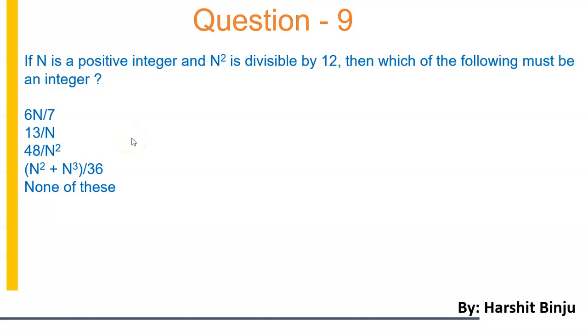n is a positive integer and n square is divisible by 12, then which of the following must be an integer? So n square is divisible by 12, which means n into n is divisible by 2 into 2 into 3.